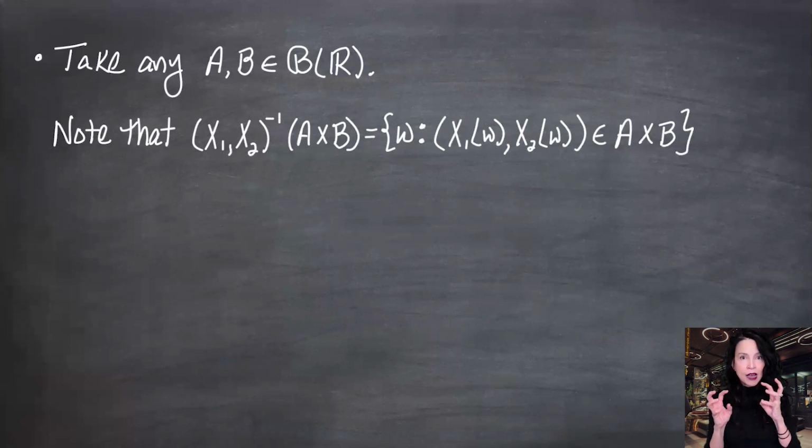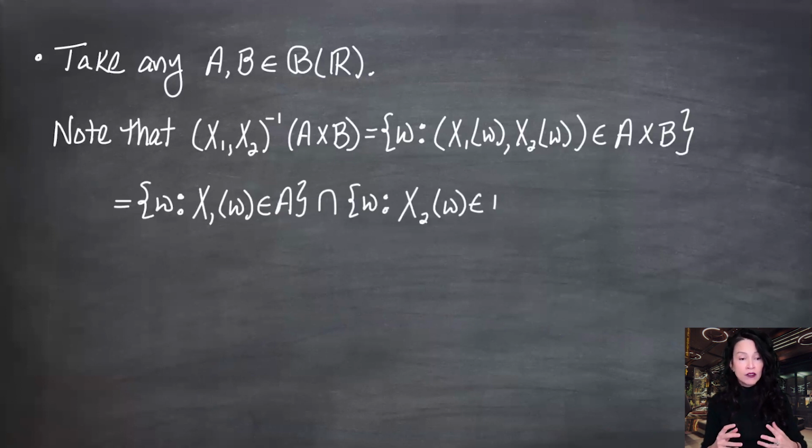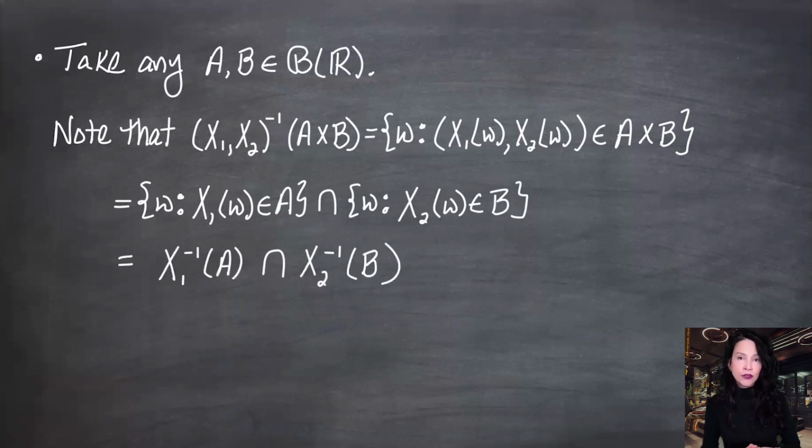We need those 2 things to happen at once for the 2-dimensional point to fall in the right place. In other words, this set is the same as the set of omegas for which x1 of omega is in A, intersected with the set of omegas for which x2 of omega is in B. Another way to write this is x1 inverse of A intersected with x2 inverse of B.